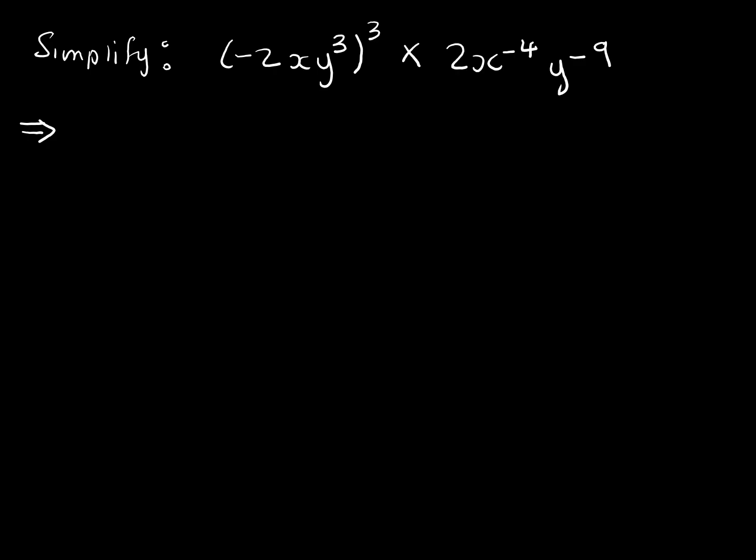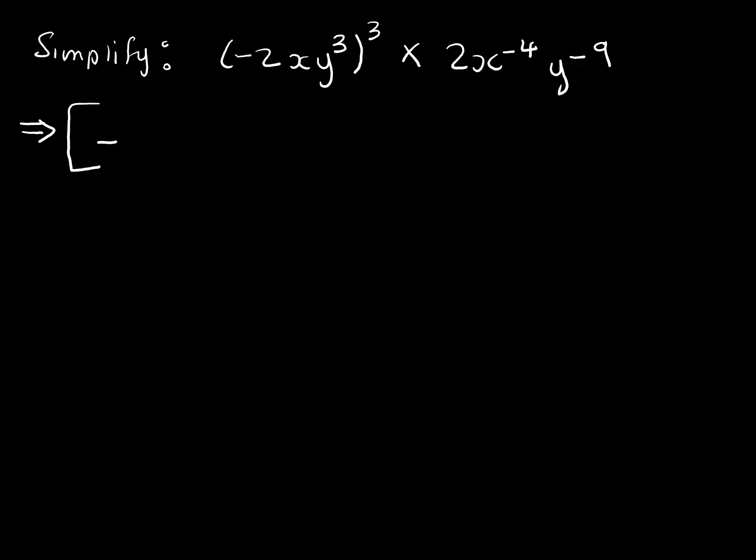So when I have this type of question, the most important thing is to write the minus 2 inside its own bracket. So what I'm going to do, I'll open the big bracket and I'll explain why.